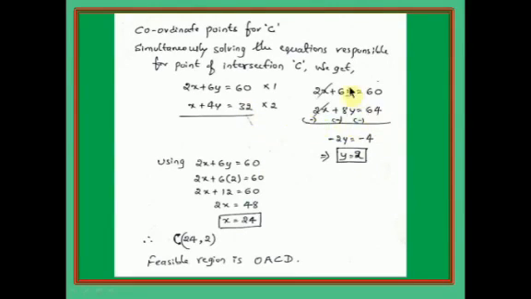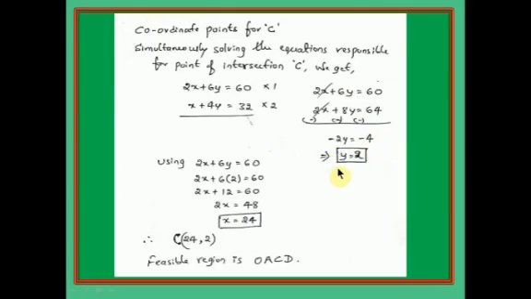Changing the signs, 2x and 2x got cancelled because of plus 2x and minus 2x. Here it is 6y minus 8y. The bigger value is 8, which has the negative sign, so the answer will be the difference of these two with a negative sign. It's minus 2y is equal to 60 minus 64.